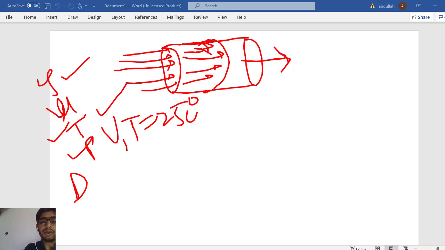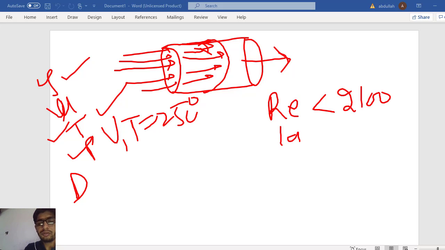For internal flow, if Reynolds number is less than 2100, then the flow will be laminar flow. Laminar flow is very viscous flow.